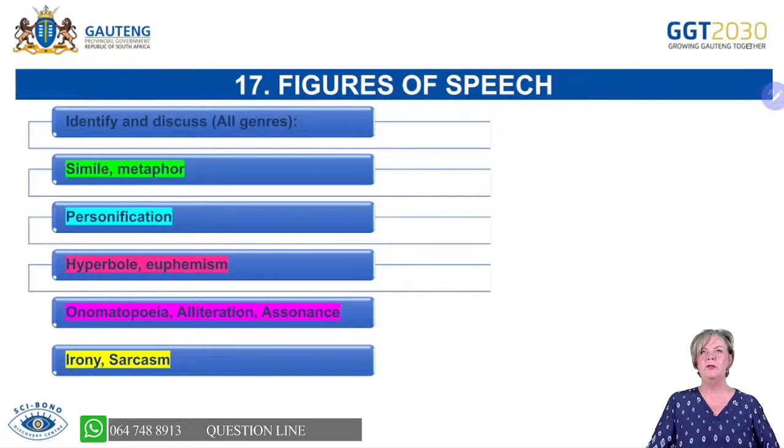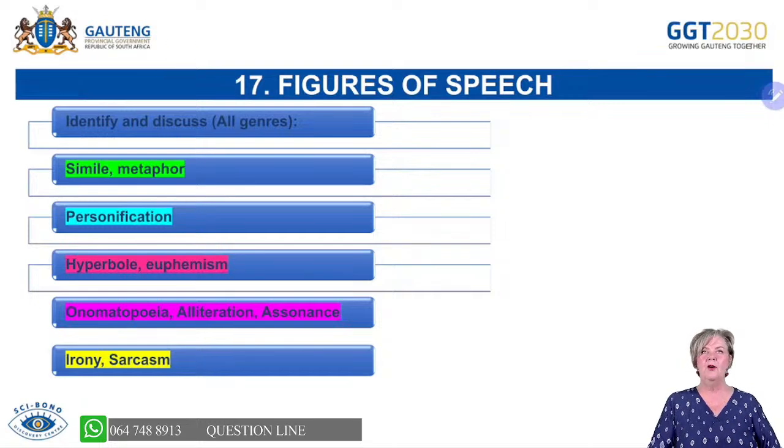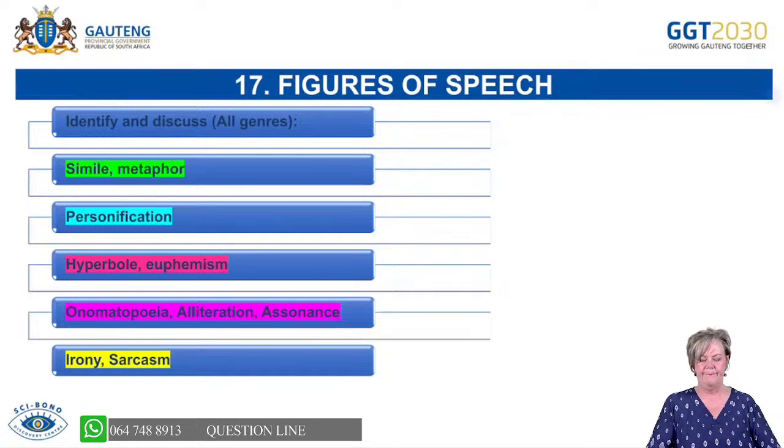Assonance would be the repetition of vowel sounds. And then irony and sarcasm. Irony, when one thing is said and actually the opposite applies. And sarcasm, we all know about sarcasm. When something is said and it is meant to hurt or inflict some kind of hurt.